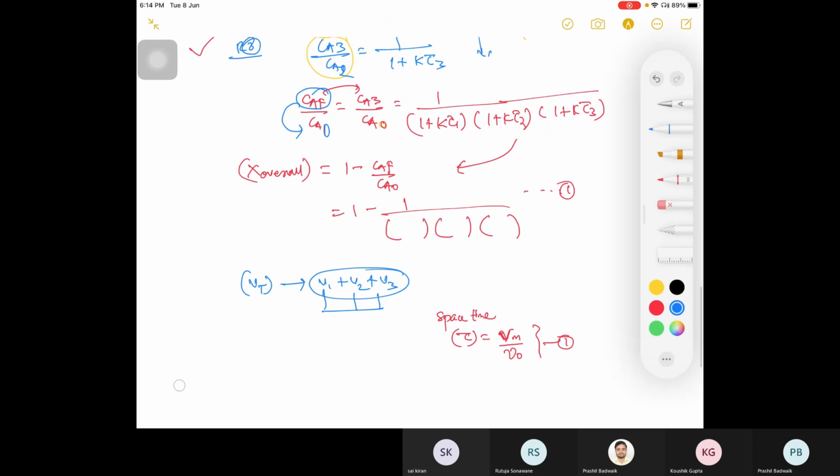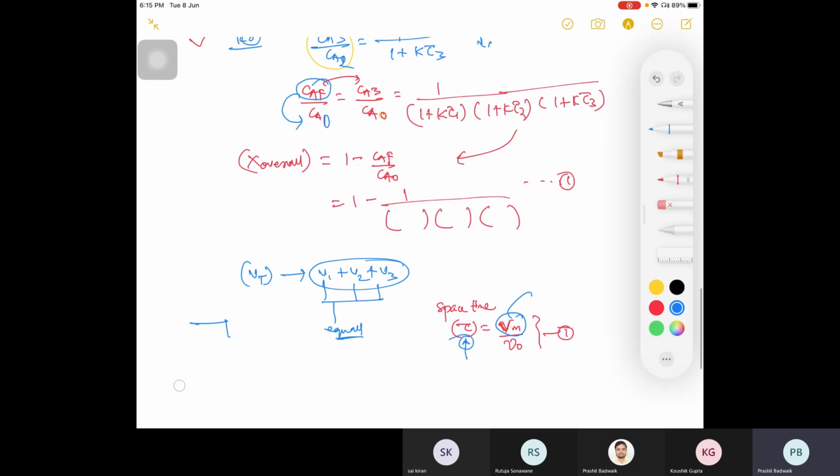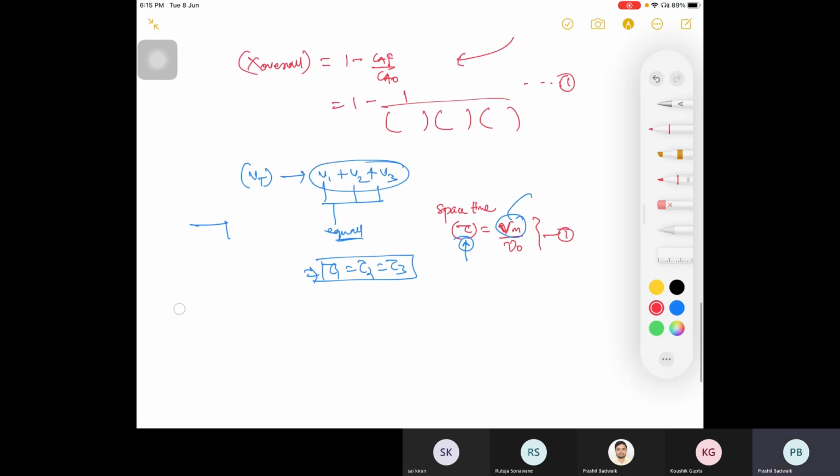Now your volumetric flow rate is the same in each reactor and the volume of reactor is also the same. Suppose I am breaking it equally, what will be the condition? Your tau will be the same, right? So tau 1 is equal to tau 2 is equal to tau 3. Understood till here?